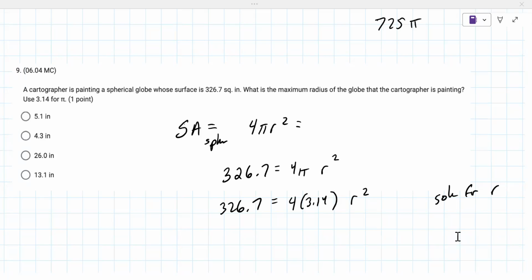It's 5.1 inches, because it equals back to the surface area. Great, good job on that.